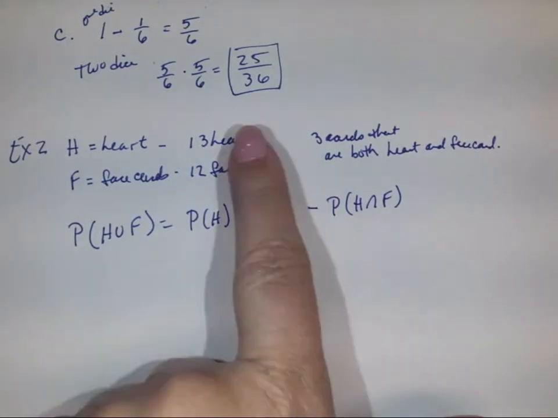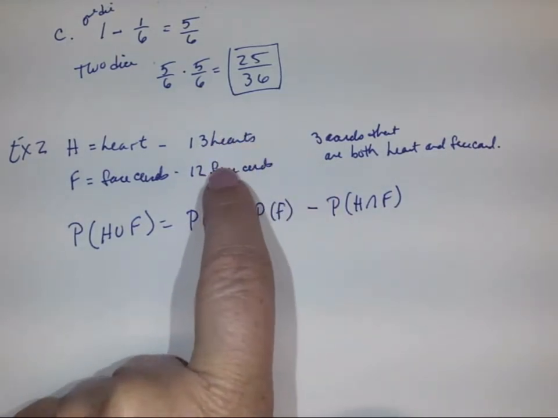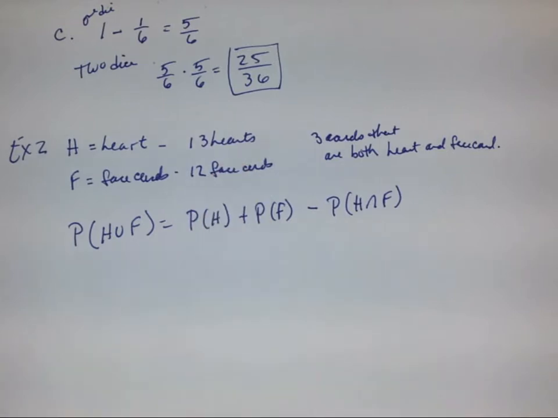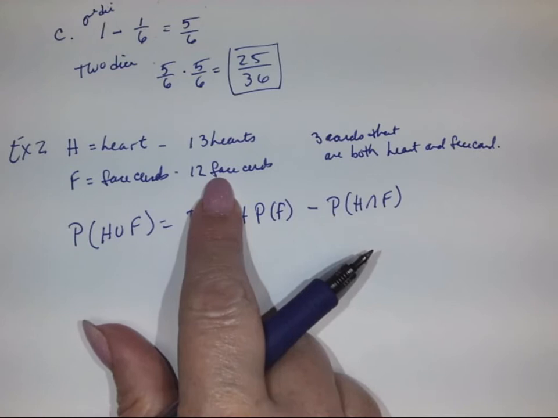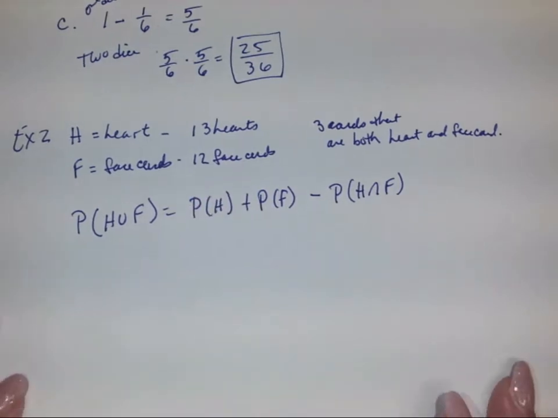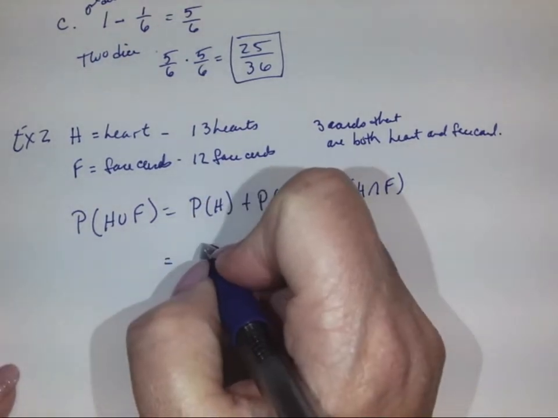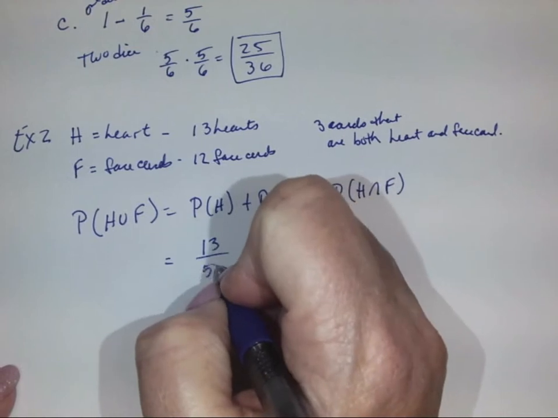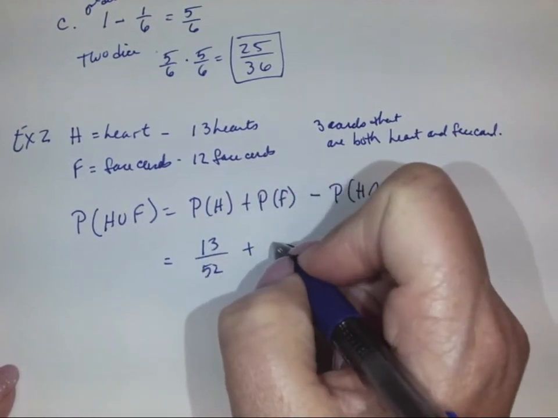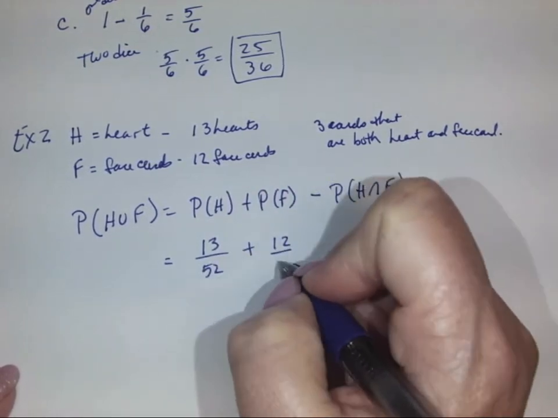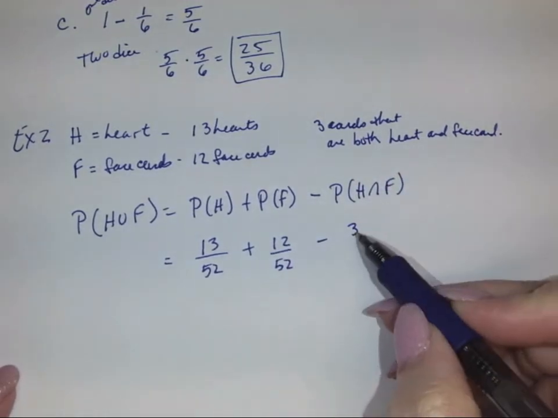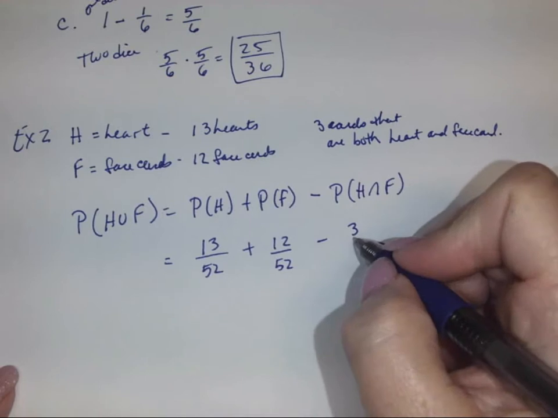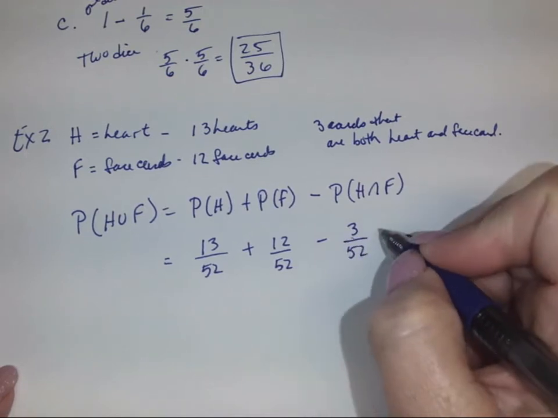Now, we know what each value is, but what is the total number of cards we have? Because that's the total of the event. So remember, there's always 52 cards in a deck. So this will be equal to 13 hearts out of 52 plus 12 face cards out of 52 minus the 3 cards that are face cards and hearts, so they don't count twice.